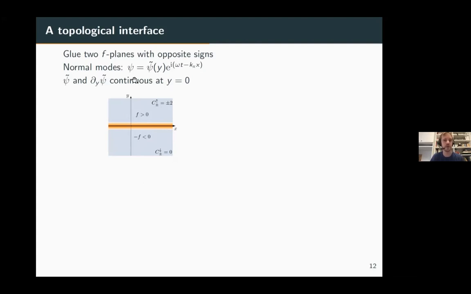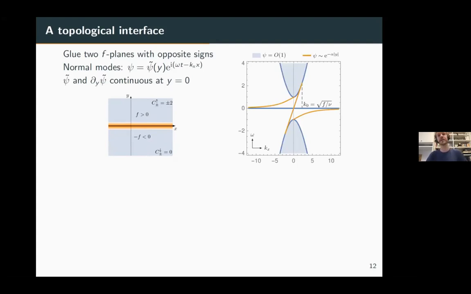So we have normal modes, and we just impose the continuity of the wave function at y equals 0, and also its derivative. This is a very simple problem because f is constant in both hemispheres, so we can solve it separately and then glue them together. And here is basically the exact solution.